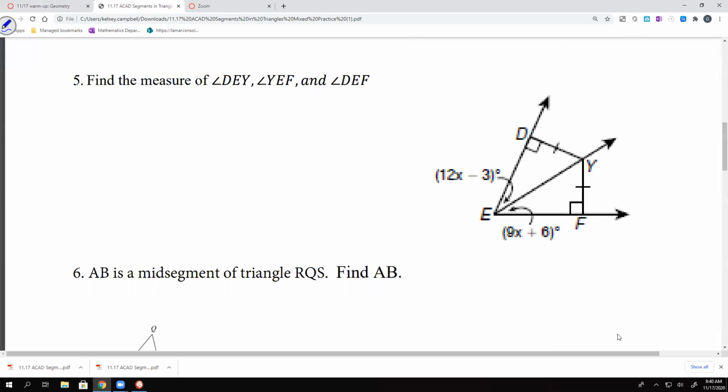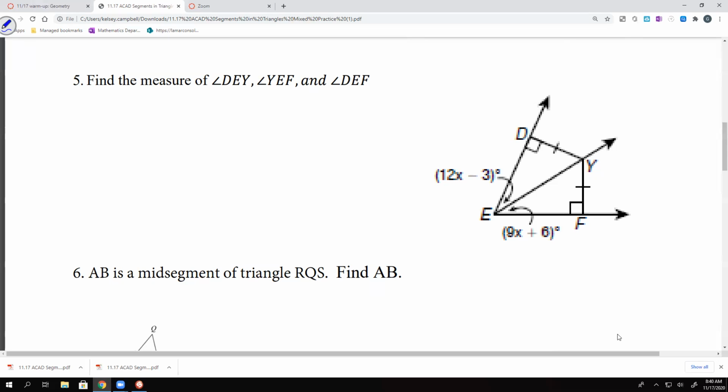It says here, find the measure of angle DEY, YEF, and angle DEF. Okay, what do we know about the two angles right here, y'all? How do we know that? So what do you see about these? Right, these lines are what? Congruent.